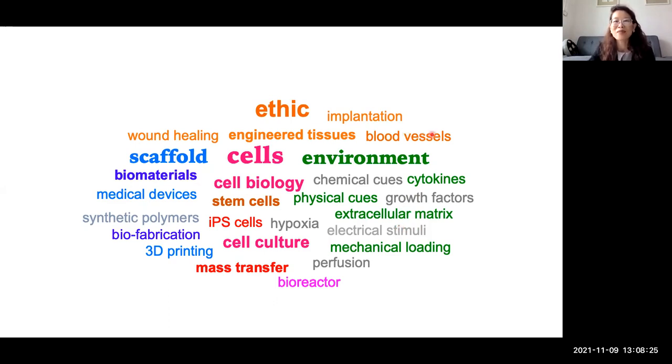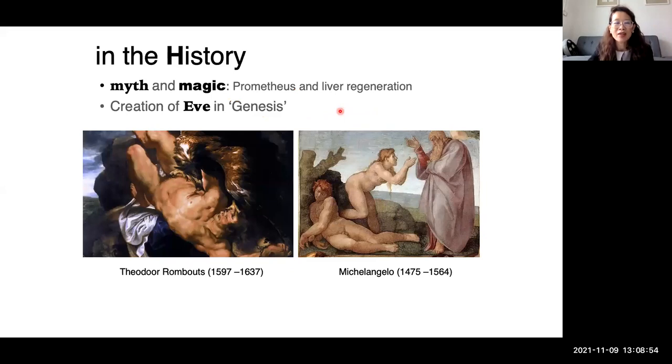Last but not least, I will talk about bioreactors a little bit, since you have studied mass transfer in the previous class. Unfortunately, I will not talk about the top part, the orange zone, about ethics and the more medical applications.